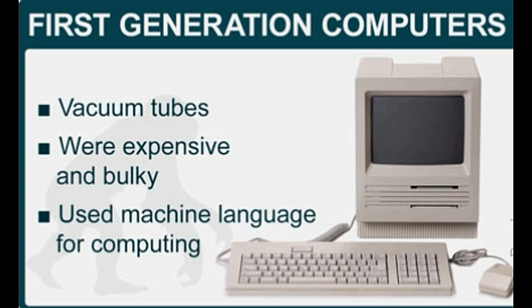The U.S. Army's Ballistics Research Laboratory came up with the Electronic Numerical Integrator and Computer (ENIAC) in 1946. It came to be known as the first general-purpose electronic computer. However, it had to be rewired to change its programming, thus making its architecture inflexible. Developers of ENIAC realized the flaws in the architecture and developed a better one.